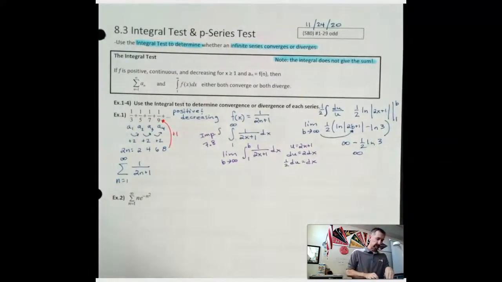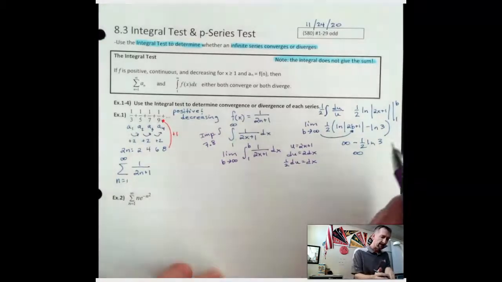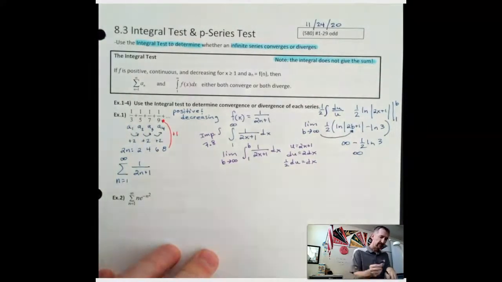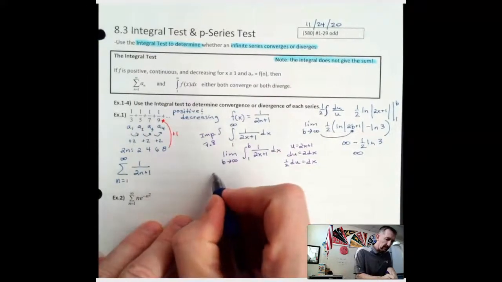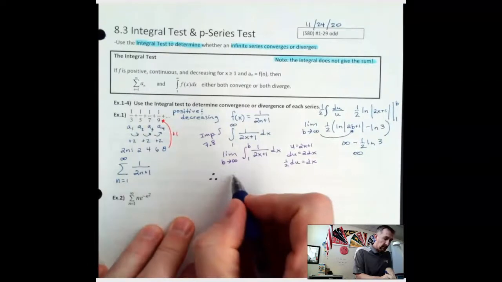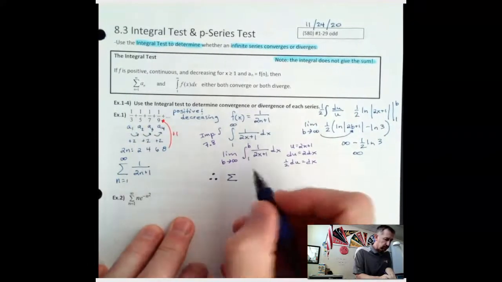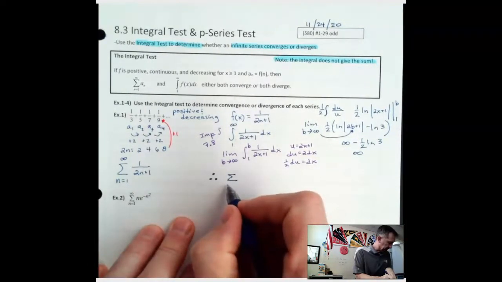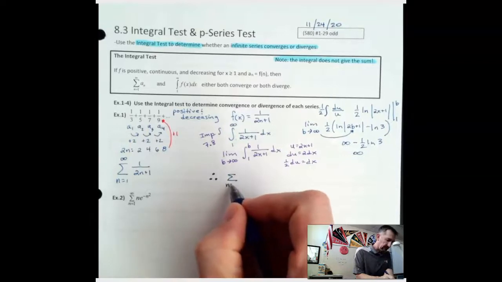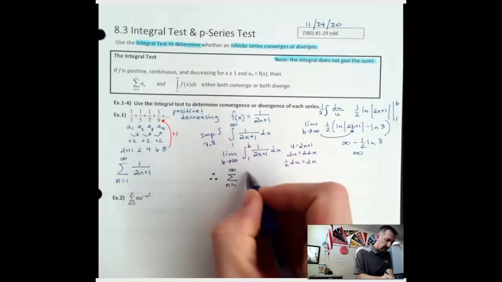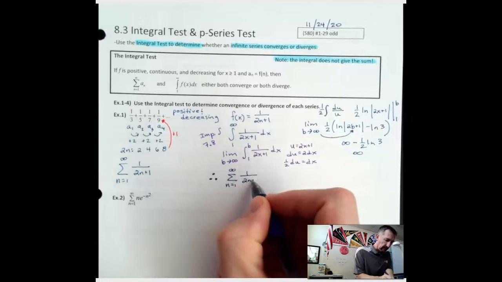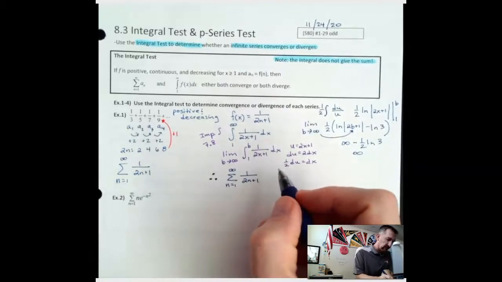So therefore, it diverges by the integral test.